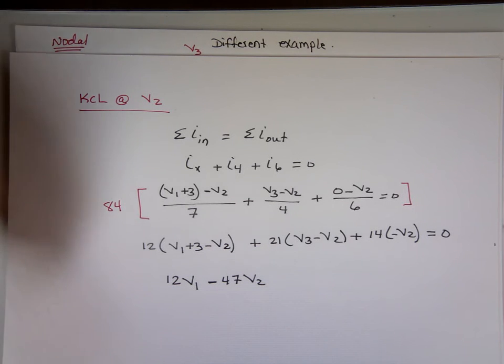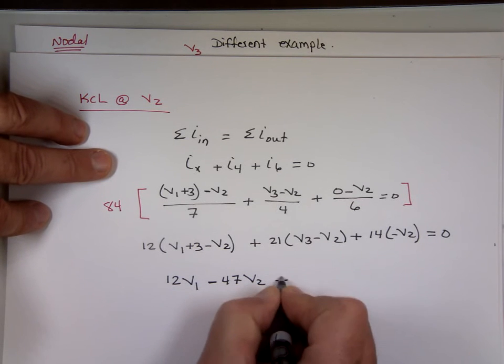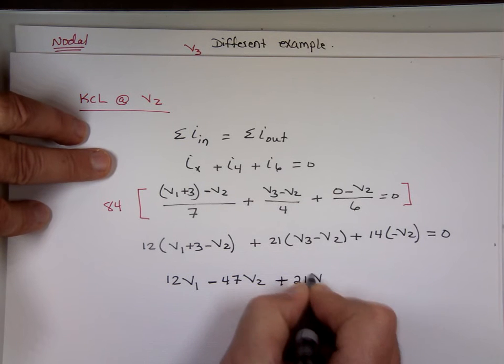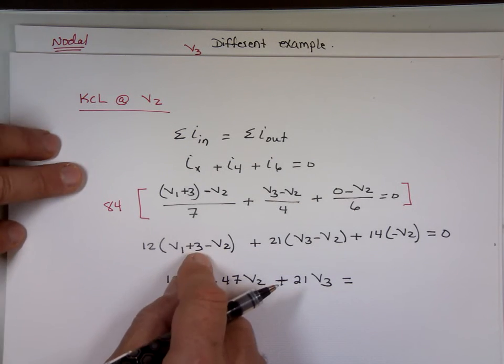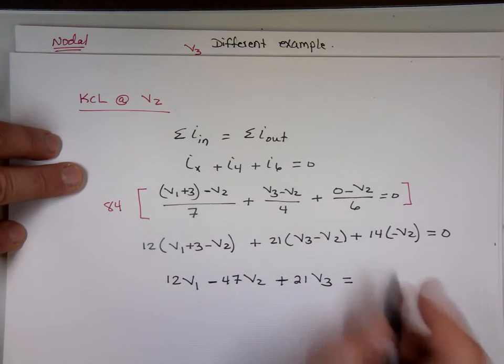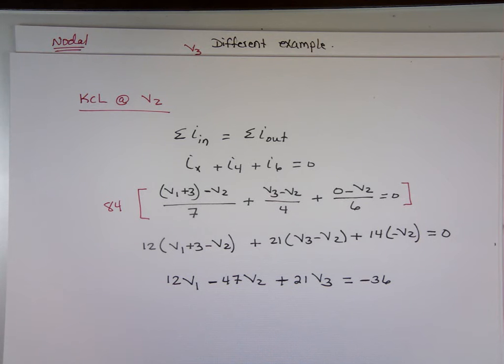And what do we have for V3? Is it just 21? Twelve times 3 is 36. Move it to that side, negative 36. That's equation 2.